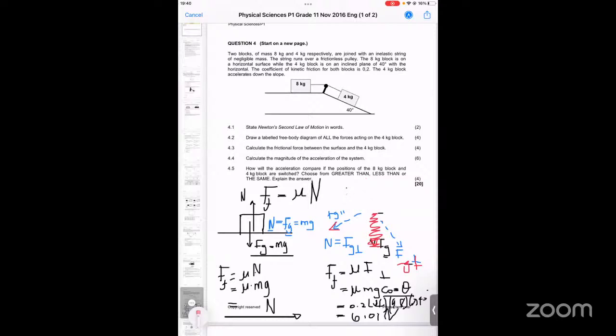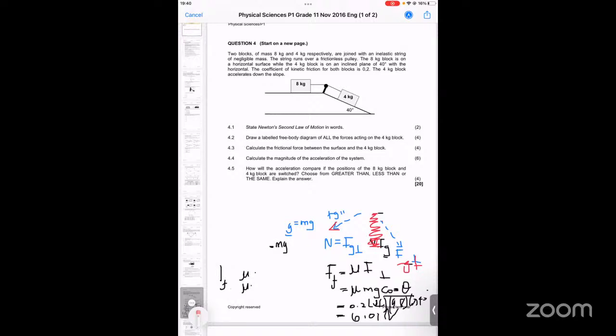One more question, sir. How come we include force by gravity in the free body diagram, but when we're calculating, we do not include it, we use FG perpendicular? Would I be wrong if I just included FG perpendicular in the free body diagram and not force by gravity?